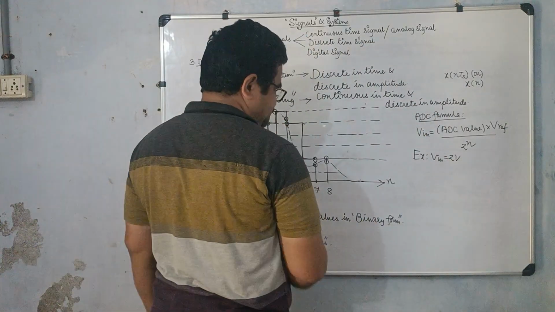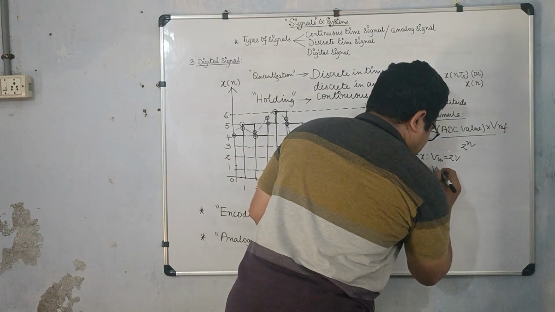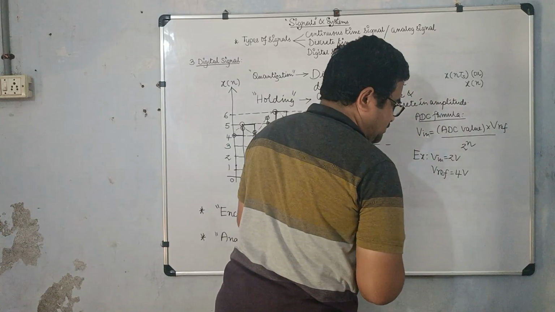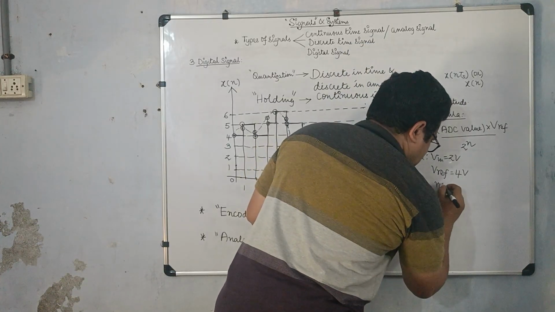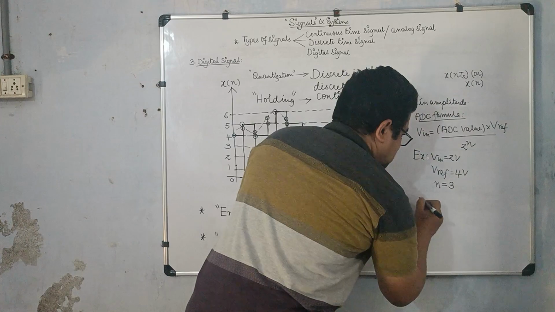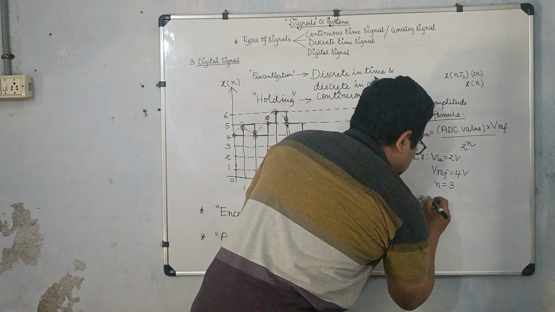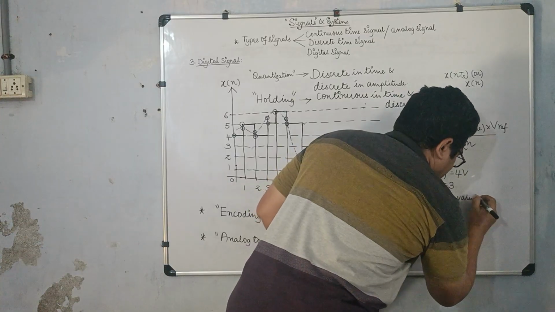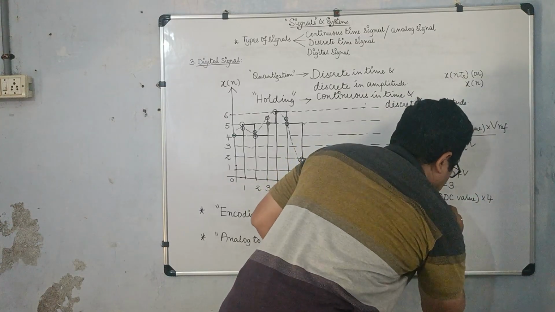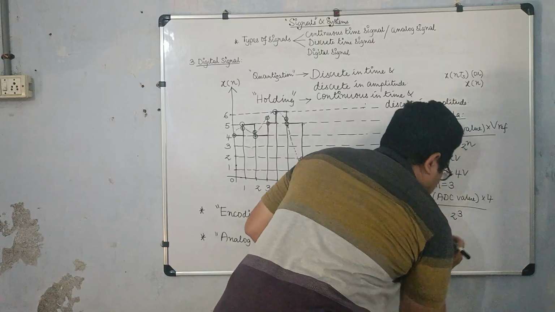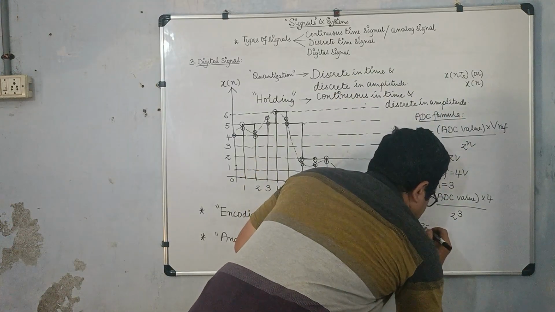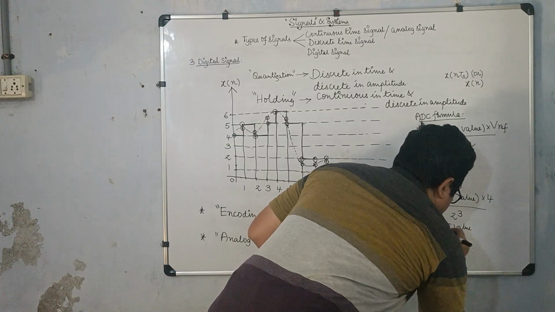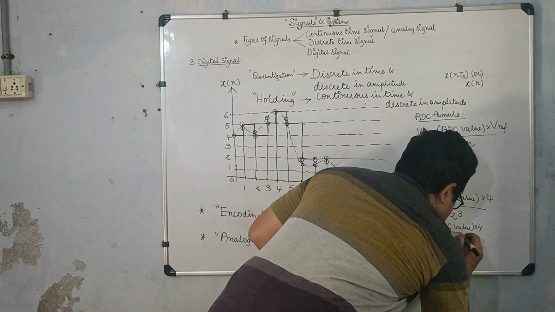Now my reference, if I take it as 4 volts, for example, and the number of bits which I want to use is 3. Then if Vin is equal to 2, my ADC value into reference 4 by 2 power 3. Okay, so 2 power 3 is 8, so ADC value into 4 by 8.